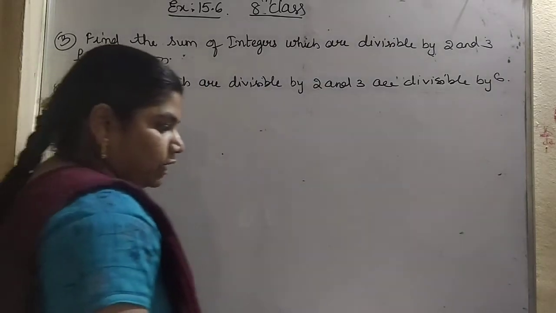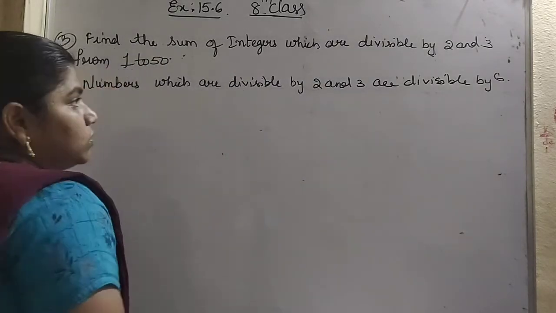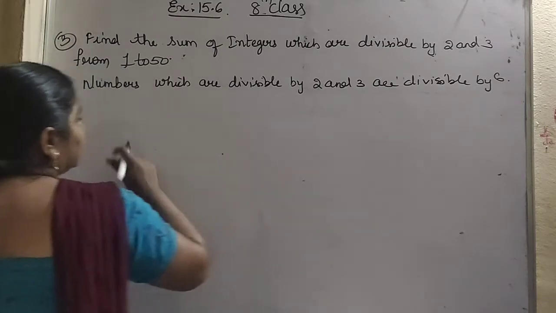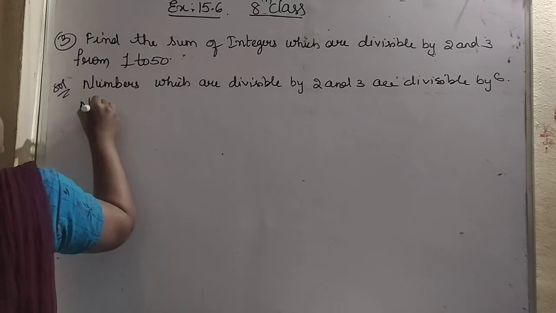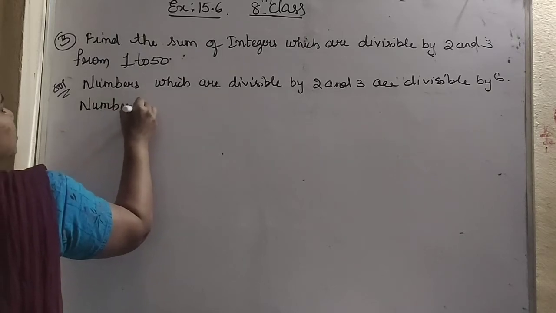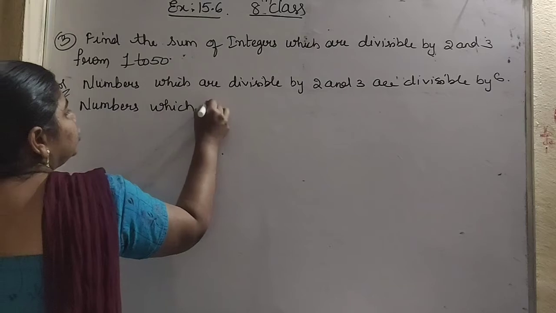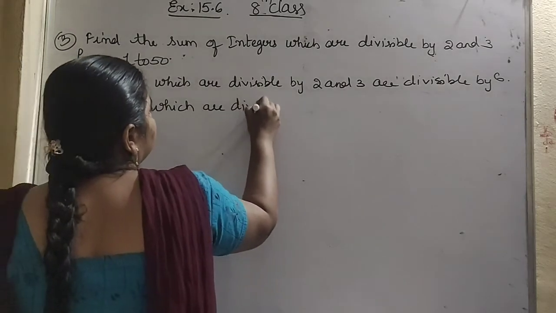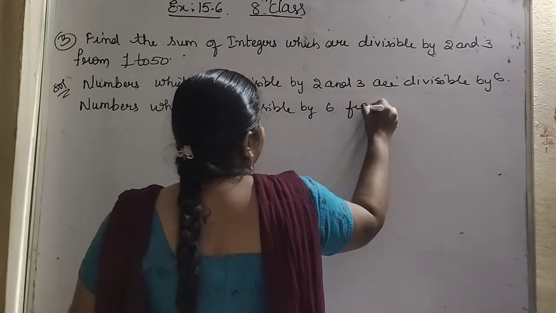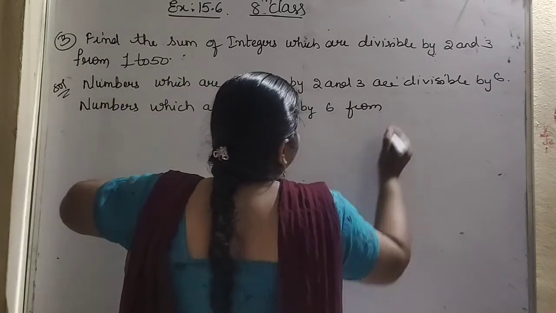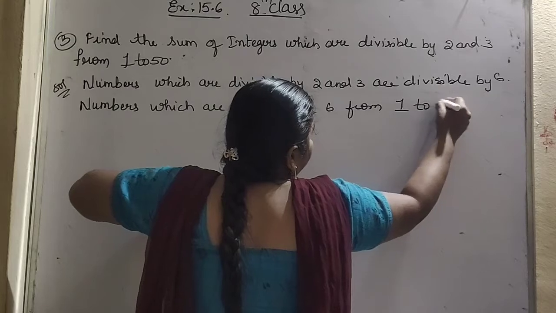We have to write the multiples of 6. So divisible by 6, the numbers which are divisible by 6 from where to where we want, that is from 1 to 50.